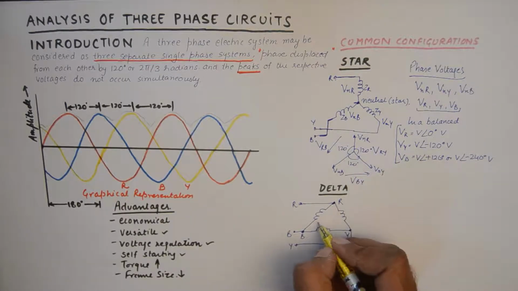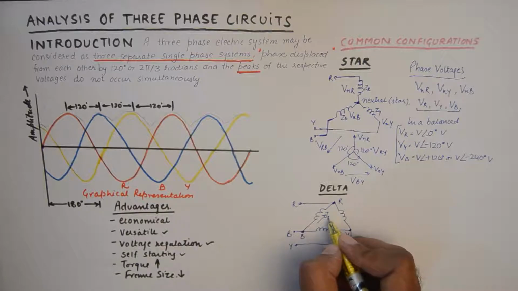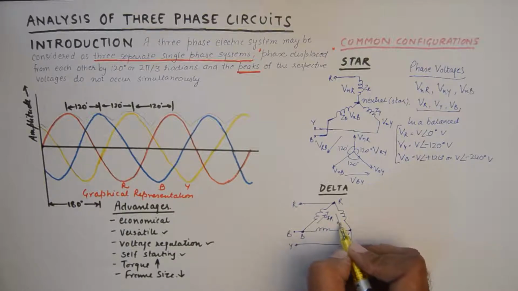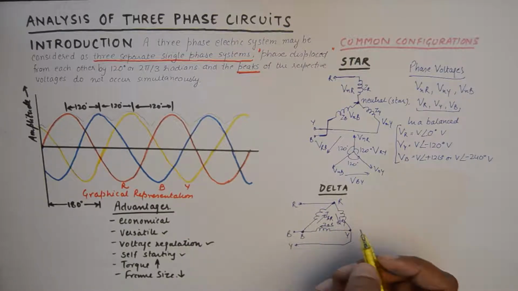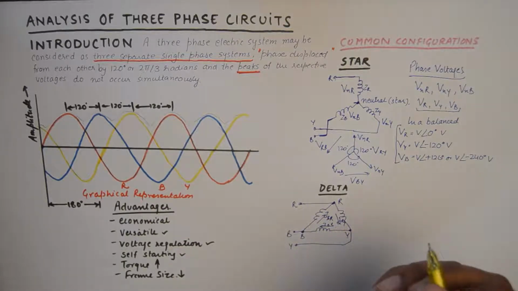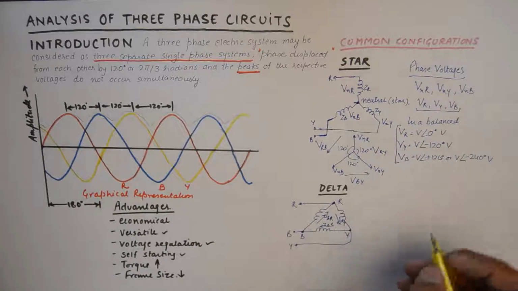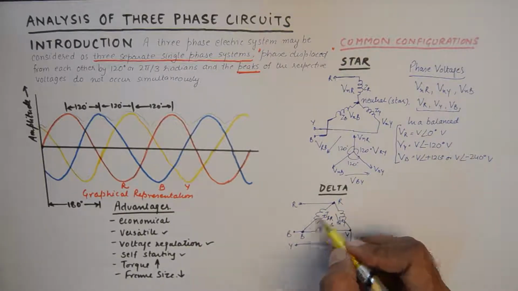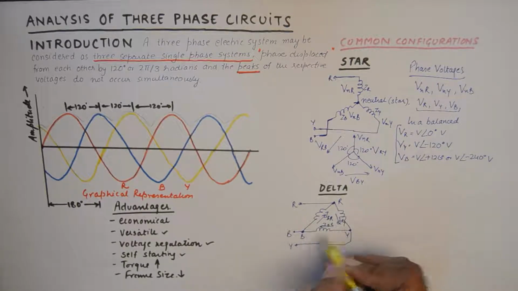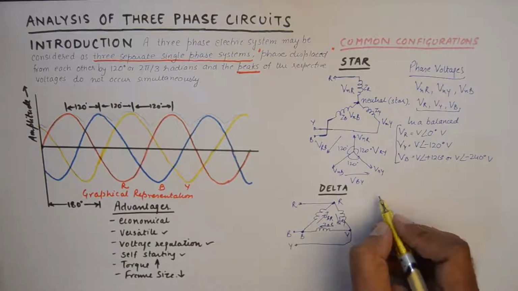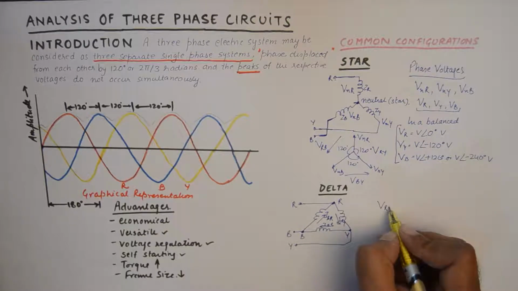So if I say that this current is IBR, sorry, and this is IRY, and this current is IBR. So these voltages, if we calculate between these 2 points and these 2 points and these 2 points, they'll be known as the line voltages, which are represented as VRY.